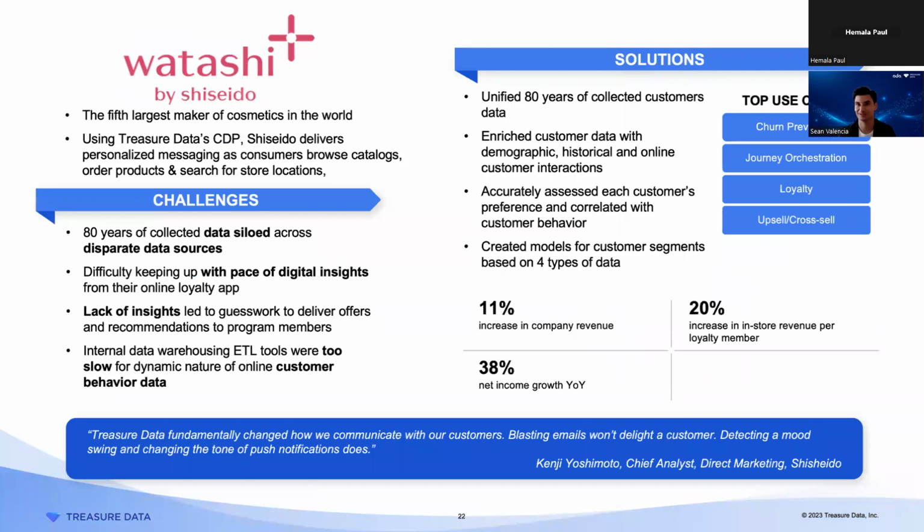I briefly mentioned the Shiseido case earlier, with the focus on reinventing the loyalty program, but some other things they are doing is churn prediction. I mentioned there are segments of customers who may not be very engaged, and with churn prediction you can look at re-engaging those customers.